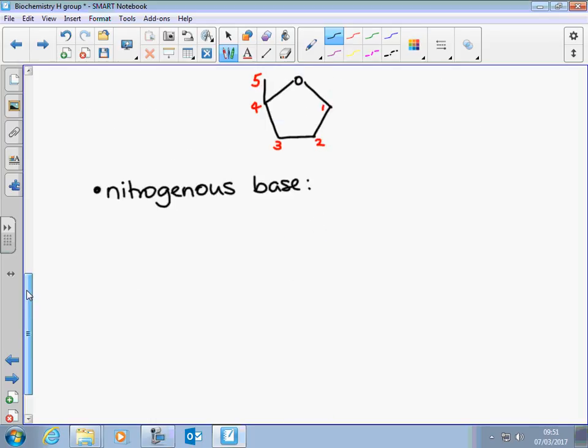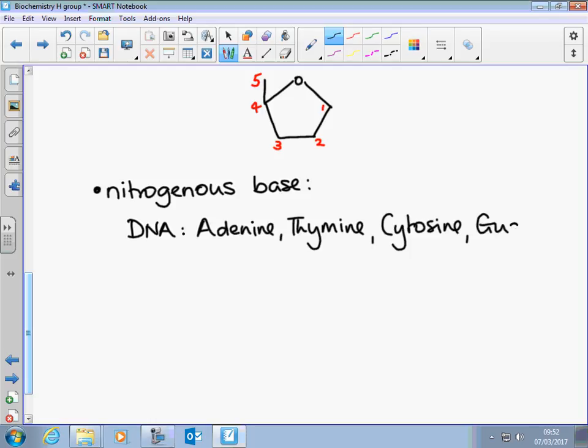In DNA, the bases that you can have are called adenine, thymine, cytosine, and guanine. And I wouldn't normally write them with capital letters, but we usually refer to them by their initial letters. And the DNA code is usually described just in sequences of A, T, G, and C.